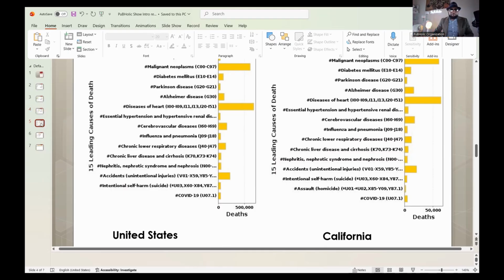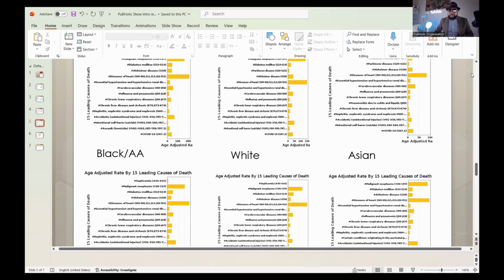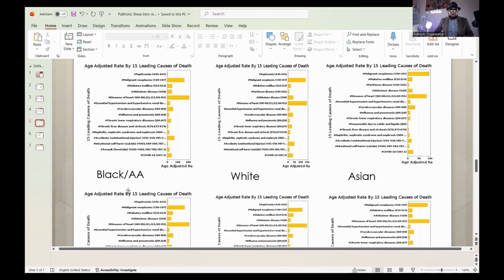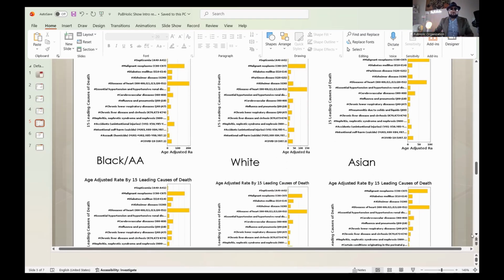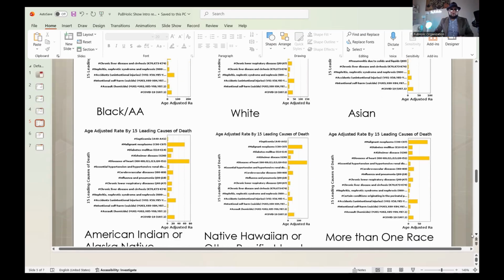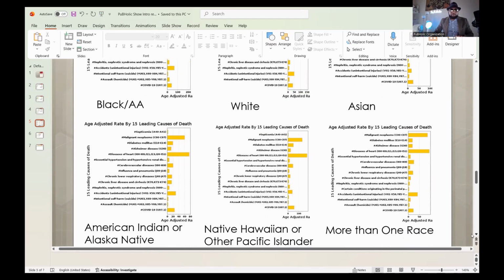And then, when I looked at leading causes of death structured by race, heart disease is the highest among Black people. When you look at white people, it's also heart disease that is the leading cause. For Asians, the leading cause is actually cancer, malignant neoplasm, followed by heart disease. When you look at other racial groups, American Indian, heart disease is leading, followed by malignant neoplasm.